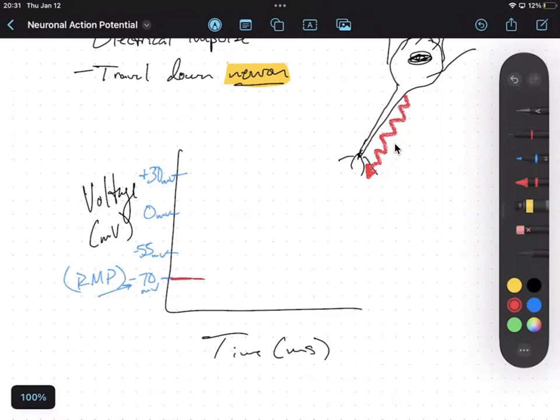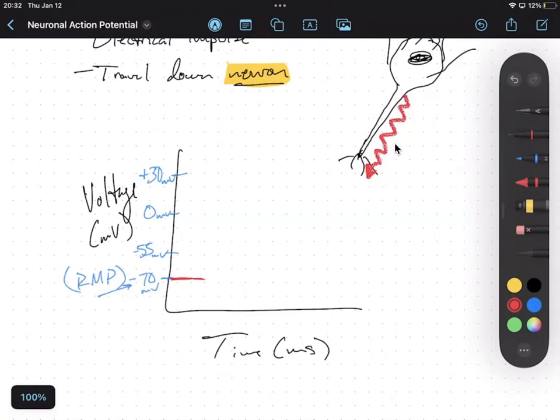And if you recall, the different ions that we have, sodium and potassium primarily, have what are called equilibrium potentials. We have an equilibrium potential for sodium and an equilibrium potential for potassium, and they're very different from each other. When the membrane becomes permeable to a particular ion, it causes the resting membrane potential to move closer to the equilibrium potential of that ion.